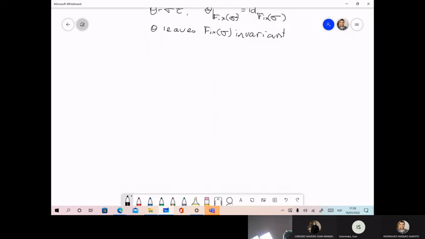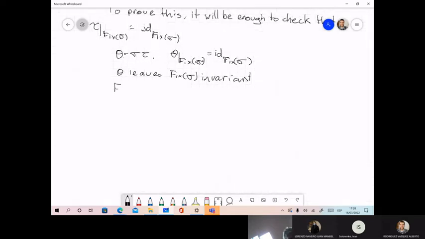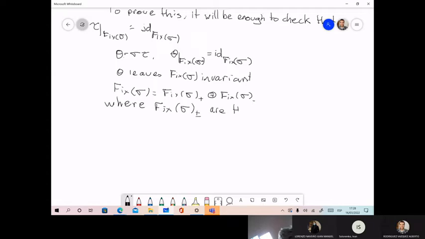So now, theta is an involution, so we can decompose our space, fixed sigma, into fixed sigma plus and fixed sigma minus, where fixed sigma plus and minus are the eigenspaces for theta corresponding to plus or minus 1, respectively.